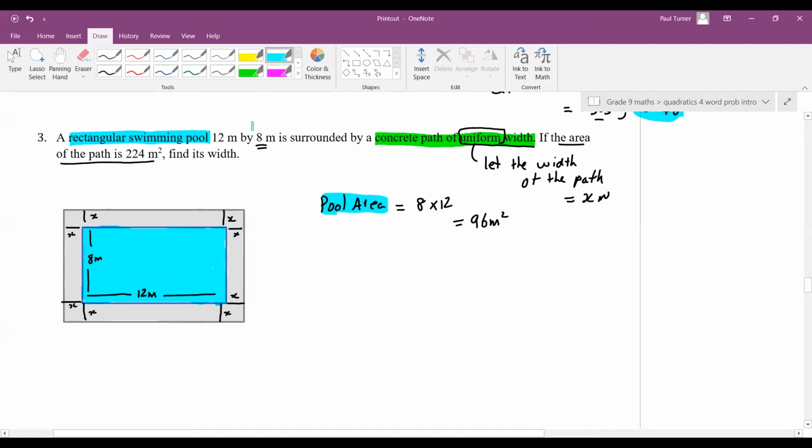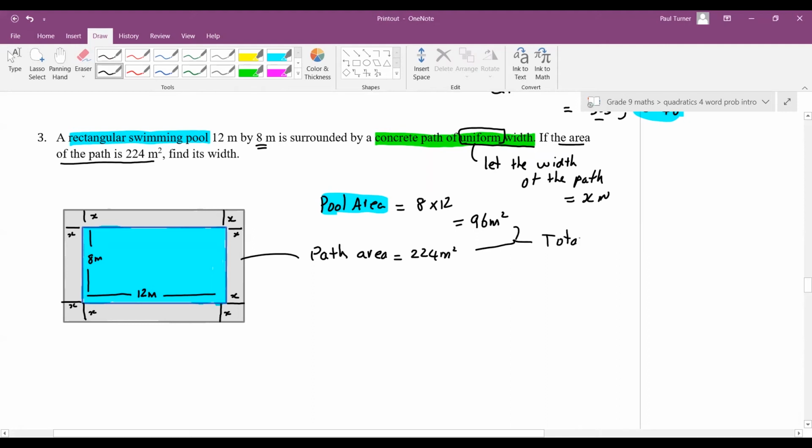So that's the blue part. The gray part is the area of your path. So path area is 224 square meters. So what you need to do here actually is add to give me the total area.